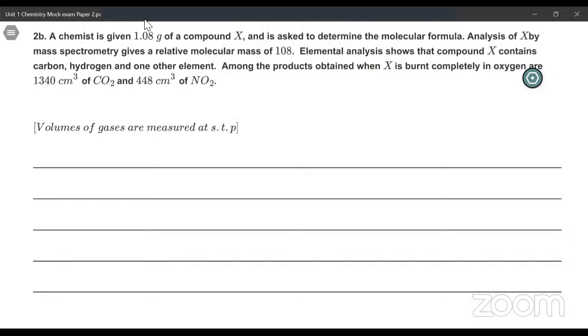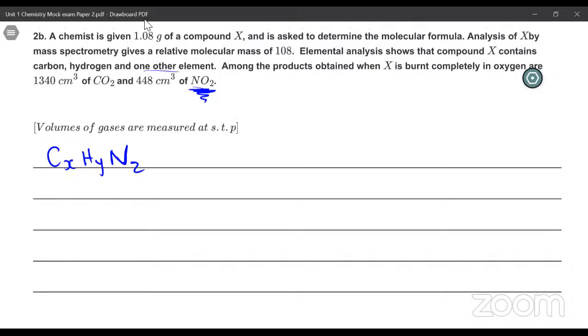So I'd say CxHy, and seeing that NO2 was also a product, one of the other elements would be nitrogen, right? Because remember they said that compound X contains carbon, hydrogen, and one other element, which they didn't tell us, but technically they did.